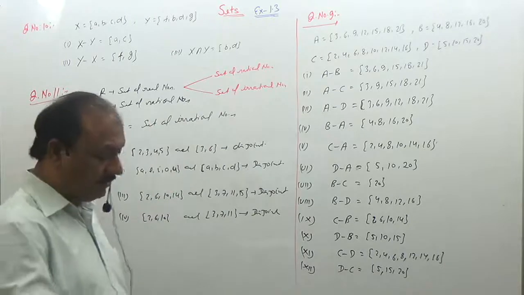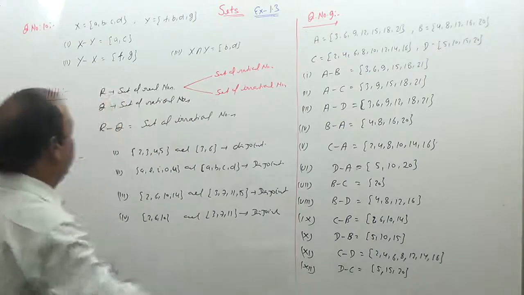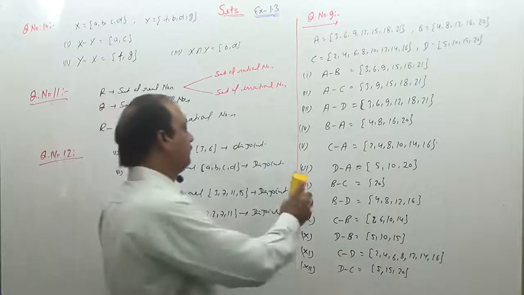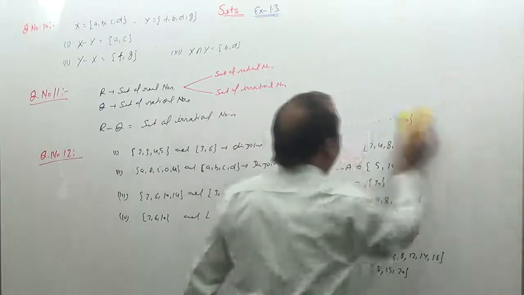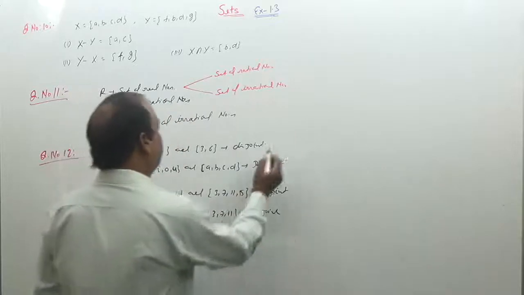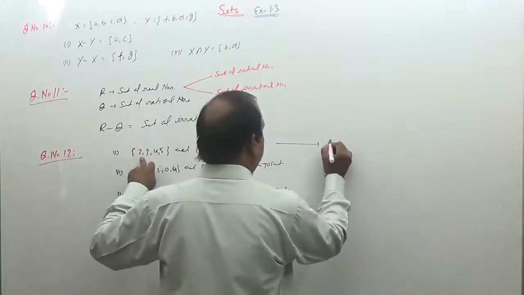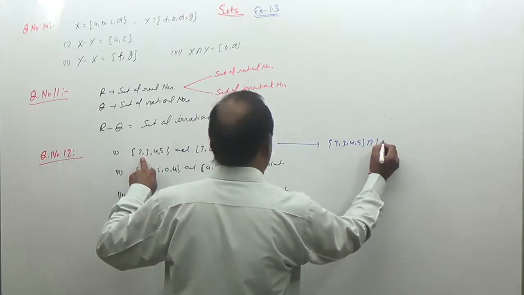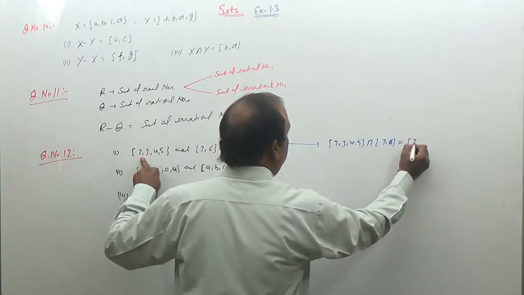So we know the meaning of disjoint sets. In case of the first, we have to verify whether these are disjoint sets. Solution: what is their intersection? The intersection of {2, 3, 4, 5} and {3, 6} is {3}.